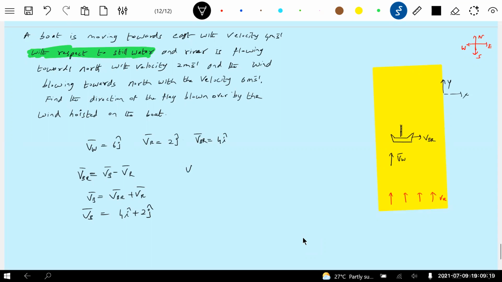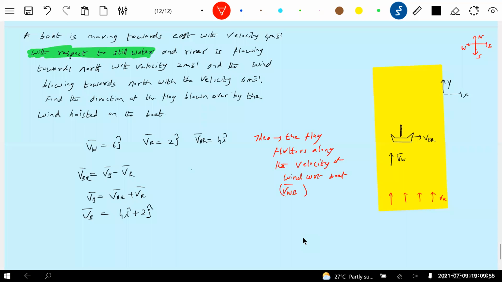Let's calculate the velocity of the flag. I'll write the idea here. The flag flutters along the velocity of wind with respect to boat, or VWB bar. Flutters means it starts waving. We know VW and VB. We want VWB bar.